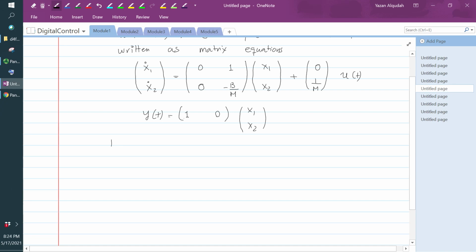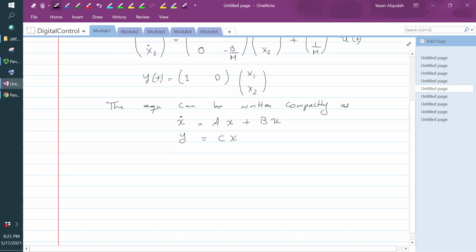So this last representation, the equation can be written compactly as the following. x dot is equal to A multiplied by x plus B multiplied by u, and y is equal to C multiplied by x, where x of t is equal to x1 of t and x2 of t.